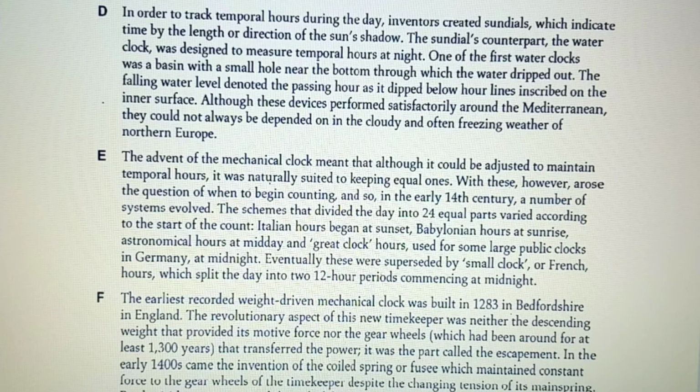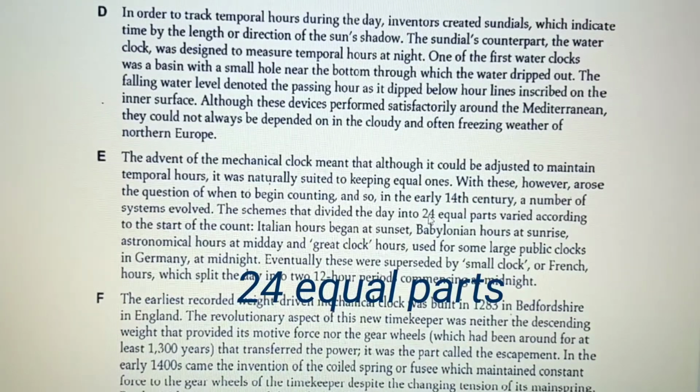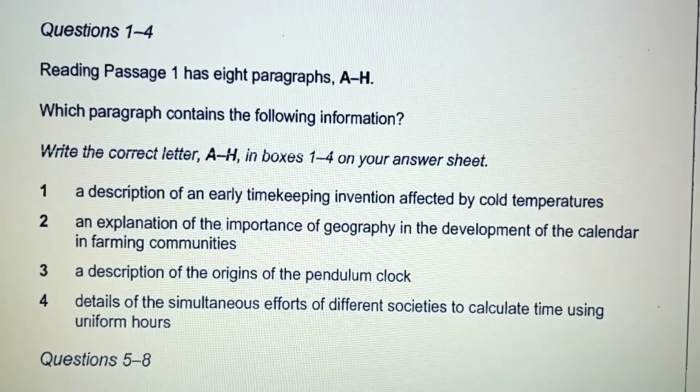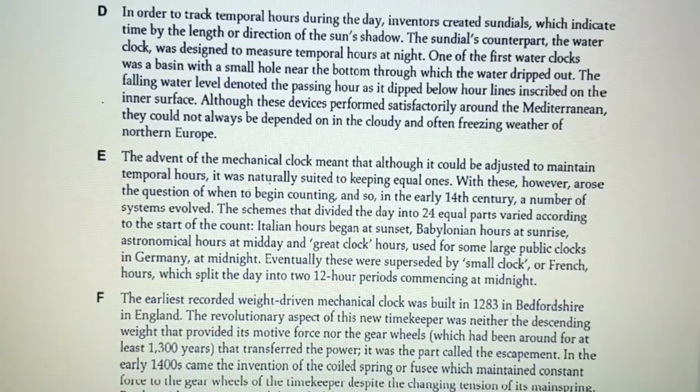Paragraph E talks about so many societies there: the schemes that divided the day into 12 equal parts. Can you see? 12 equal parts. We're looking for information about using uniform hours. When something is uniform, it talks about equality, right? 12 equal parts, and not just that, to start the count.